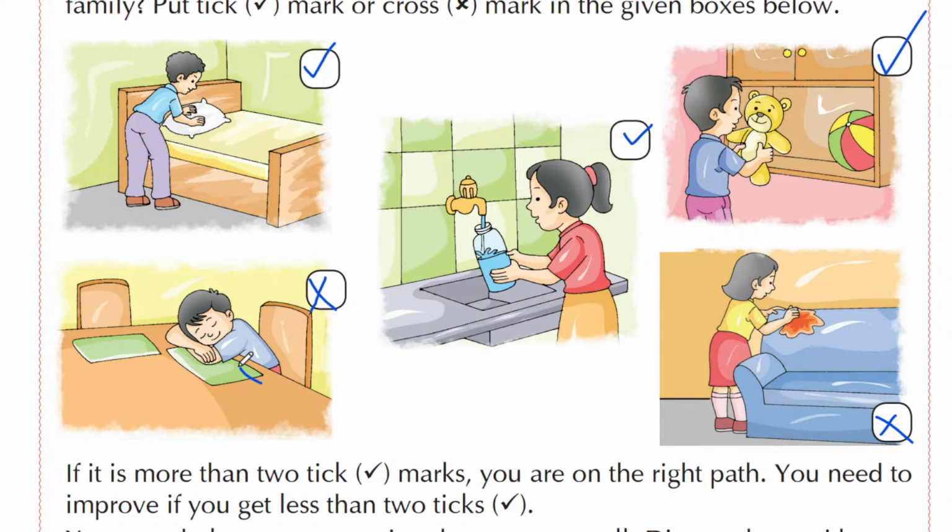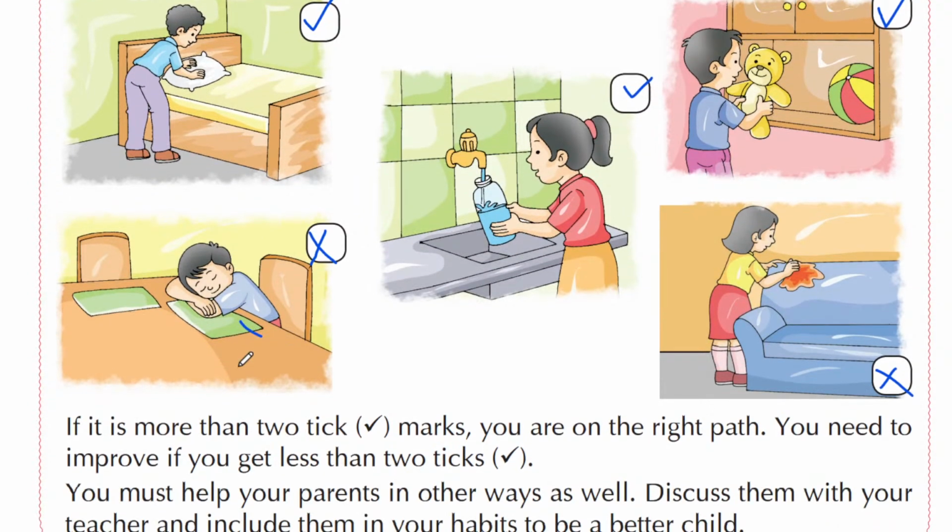He is doing nothing. So if you do such things, you will put a tick here, and if you do not do this, you will put a cross here. And here a girl is cleaning the sofa. So if you clean your sofa at your home, you can tick here, and if you do not, you can put a cross here.